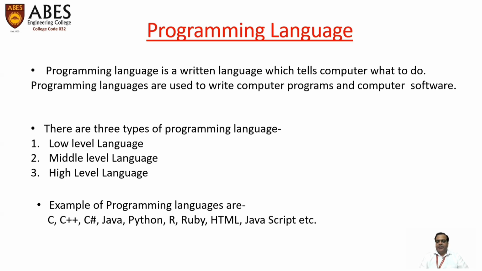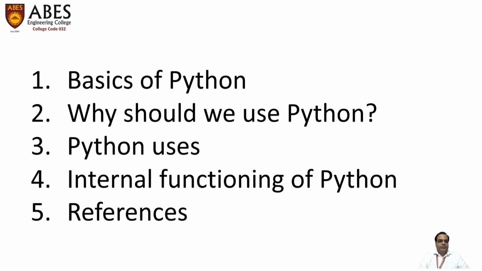Basically, there are three types of programming languages. We have low-level languages, middle-level languages, and high-level languages. Examples of programming languages are C, C++, C#, Java, Python, R, Ruby, HTML, JavaScript, etc. Now, in this video, I will cover these topics: the first one is basics of Python.